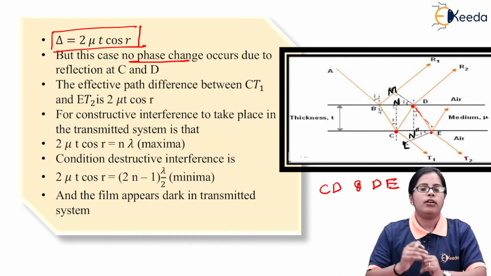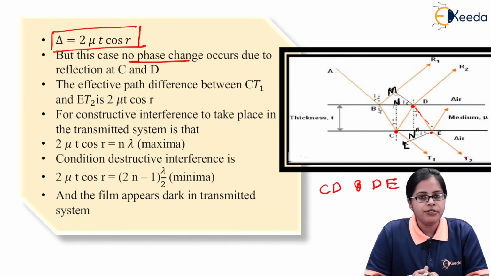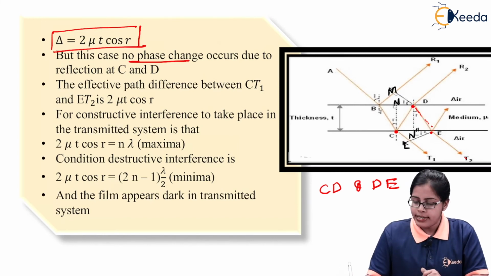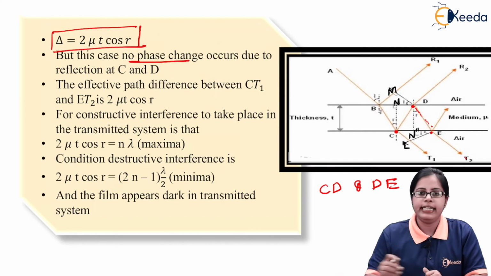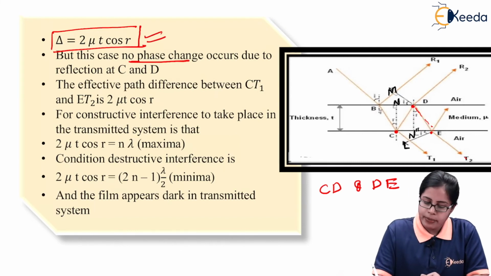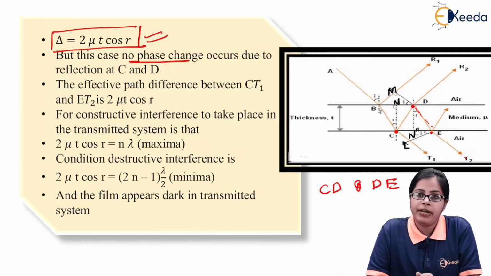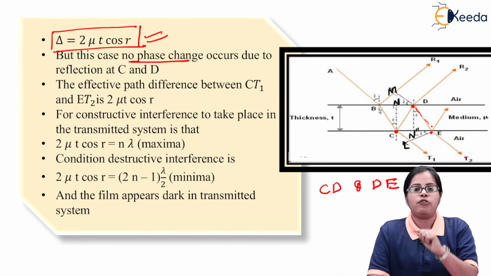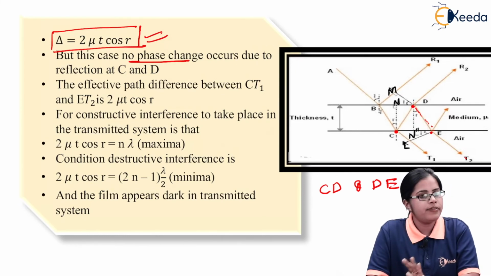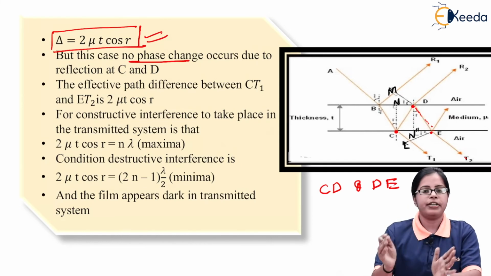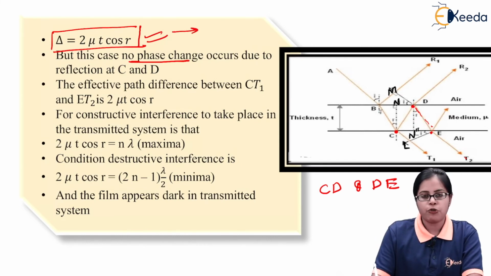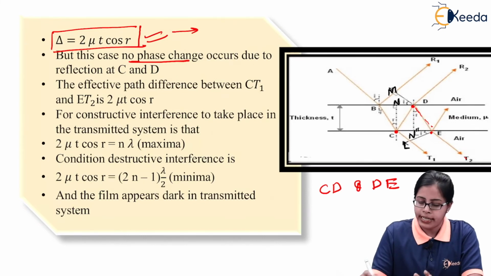So the overall or effective path difference between the rays CT1 and ET2 is given by the formula 2 mu t cos r, because we are not getting any phase change at points C and D, as we were getting for points B and D for the reflected system. So the effective path difference is going to be 2 mu t cos r only.